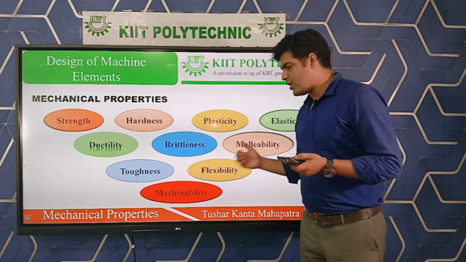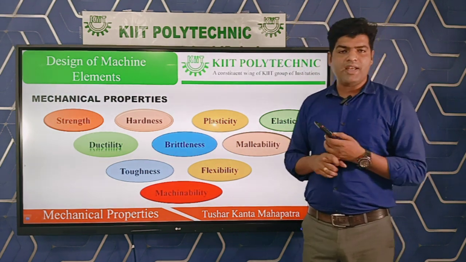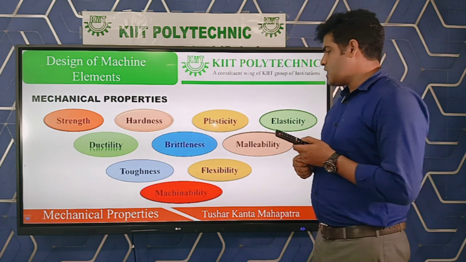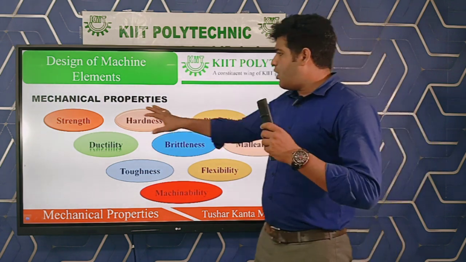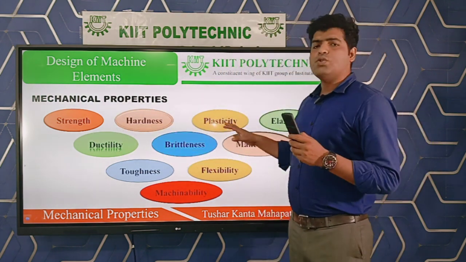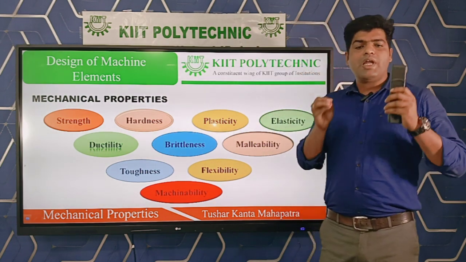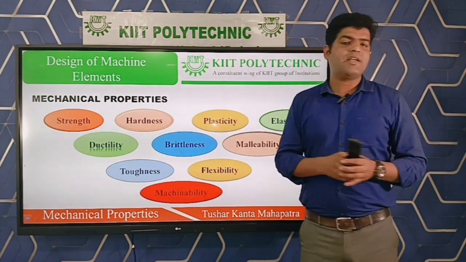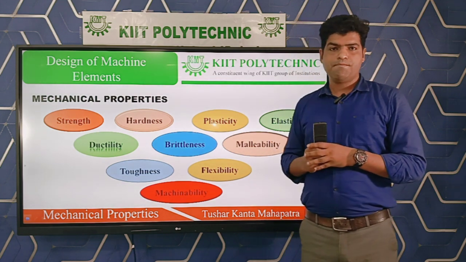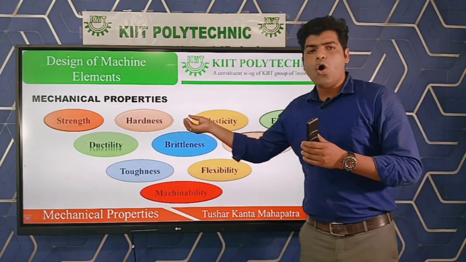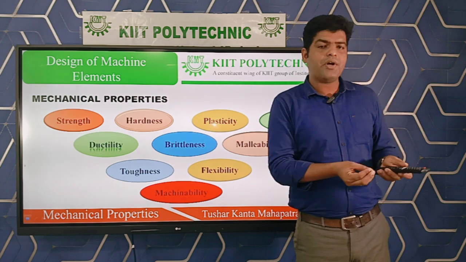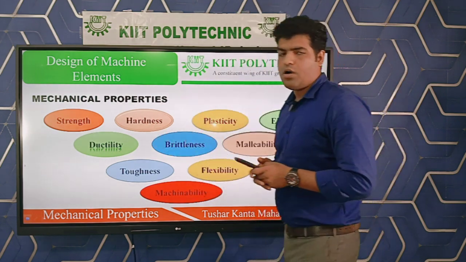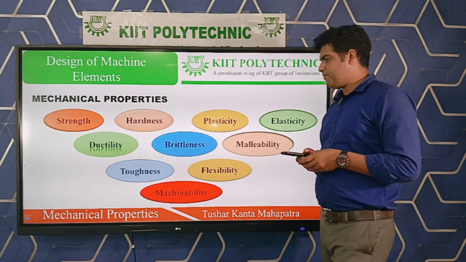Other properties we have are fatigue, creep, stiffness. Without these properties we cannot consider a material for a design. We take all this knowledge of properties, then we can put it to the final design.